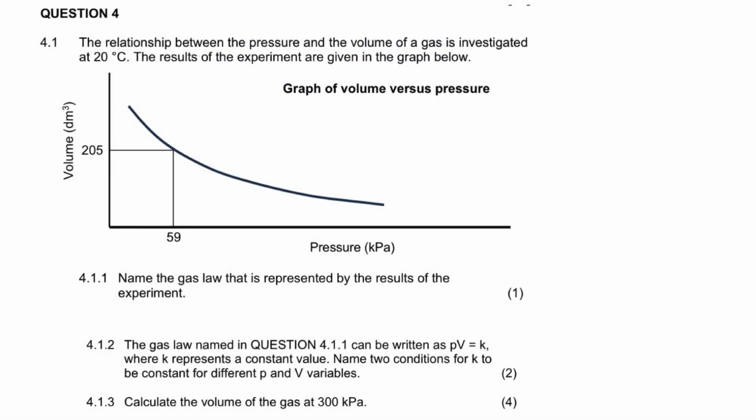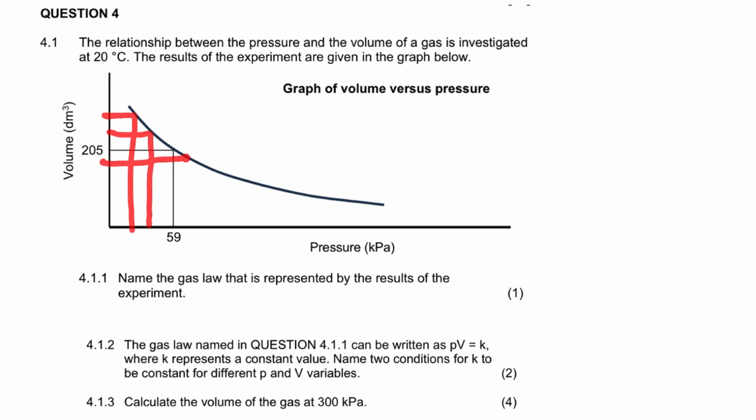Question 4 on ideal gases and Boyle's law. It says the relationship between the pressure and the volume of a gas is investigated at 20 degrees Celsius. The results of the experiment are given in the graph below. This graph shows us that the pressure and the volume are inversely proportional. As the volume decreases, the pressure increases.